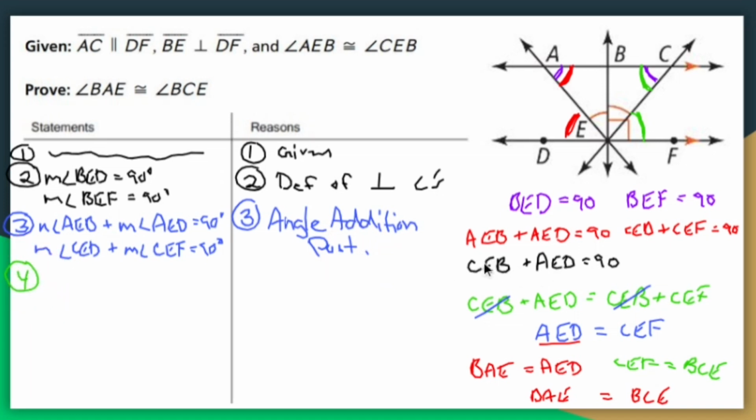I then said that CEB plus AED is 90 degrees, and I used substitution for that. So the measure of angle CEB plus the measure of angle AED is 90. And I use the substitution property for that one.